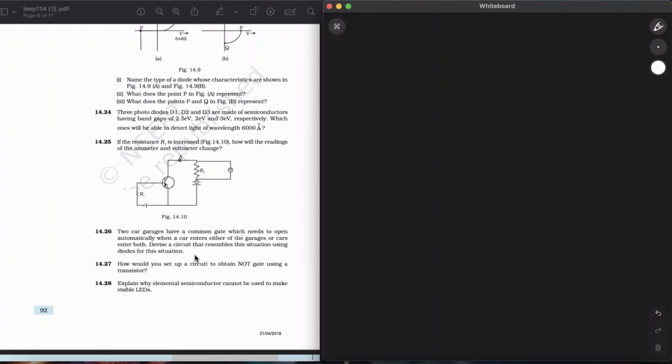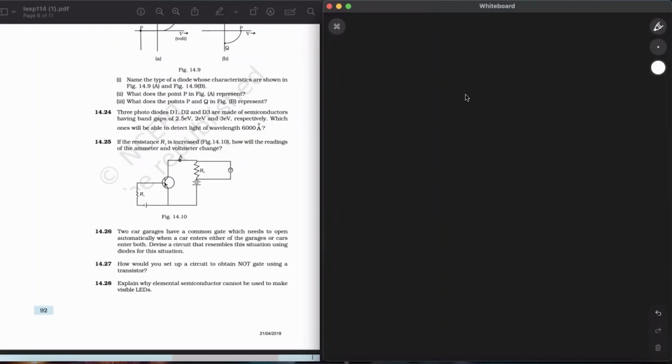Lambda equals 6000 times 10 raised to the power of minus 10 meters. So the energy falling on it will be 6.6 into 10 raised to the power of minus 34 (h) into 3 into 10 raised to the power of 8 meters per second (c) divided by lambda, which is 6000 into 10 raised to the power of minus 10, into 1.6 into 10 raised to the power of minus 19, in electron volts.